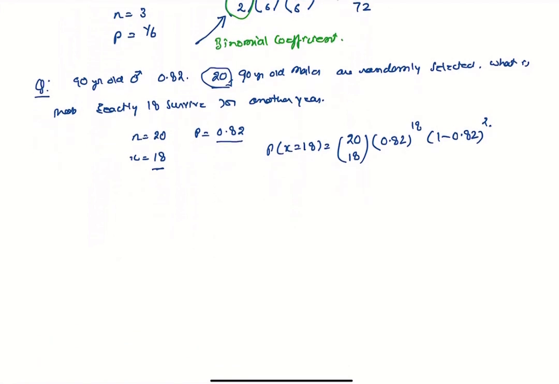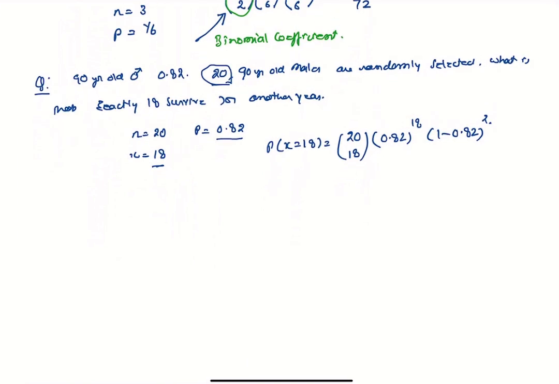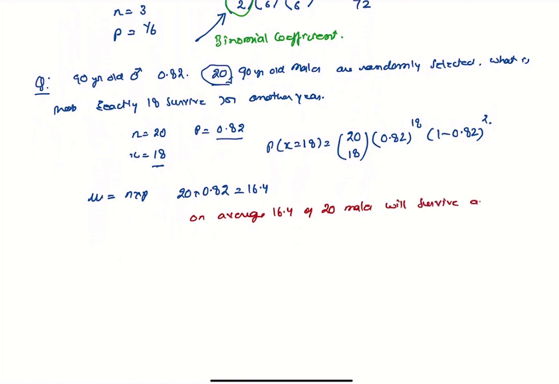The other question would be, what is the expected value? So the expected value mu is equal to n times p, which is 20 times 0.82, which is 16.4. So the way to describe this is, on average 16.4 of 20 males will survive another year.